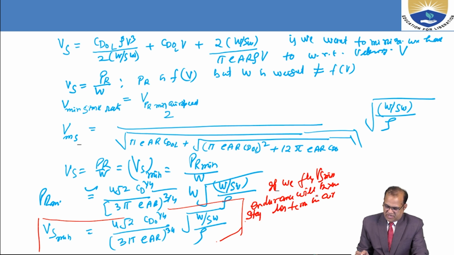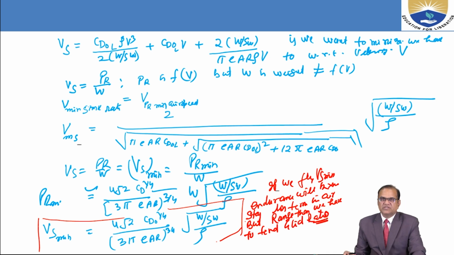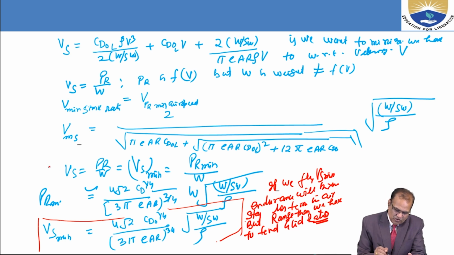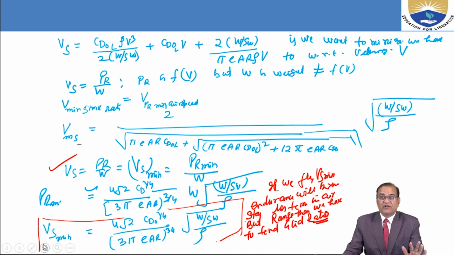But if you want to find out the range, then we have to find the glide ratio. So this we will discuss in the next slide: what is the glide ratio and what is its importance? So this velocity which we have found here, Vs, is useful for the endurance.